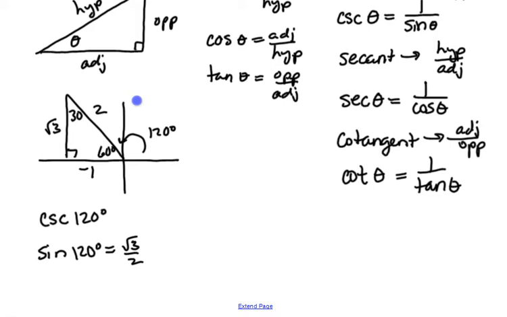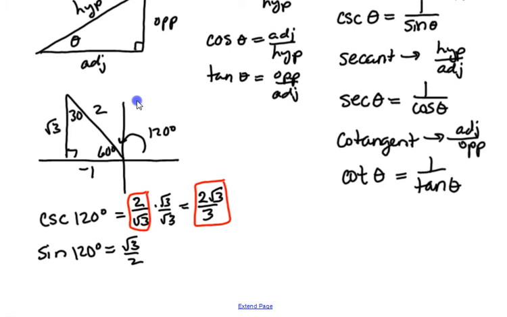So what is cosecant? It's reciprocal. 2 over the square root of 3. It's hypotenuse over opposite. If you rationalize the denominator, like if you check this on your calculator, it would come out looking like this, 2 square root of 3 over 3. But I would accept either of these as acceptable answers.